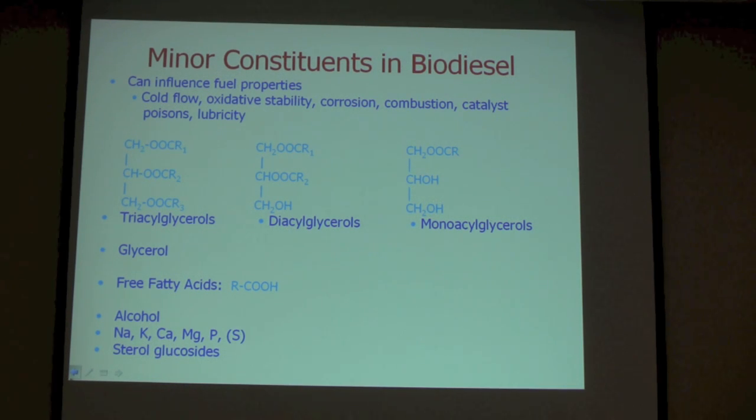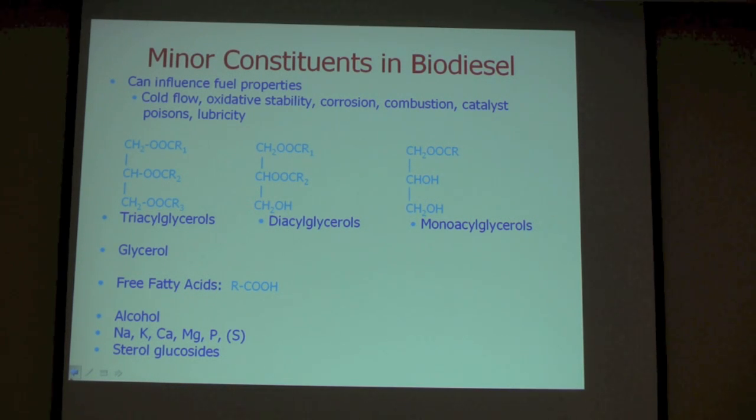Triacylglycerols, diacylglycerols, monoacylglycerols. I think Ray mentioned that essentially when you're chopping a fatty acid off the triacylglycerol, you get the di- and monoacylglycerols. So that can be present in biodiesel. Then obviously some glycerol as the co-product of biodiesel production, the free fatty acids, which we talked about, and the alcohol you use for making biodiesel.